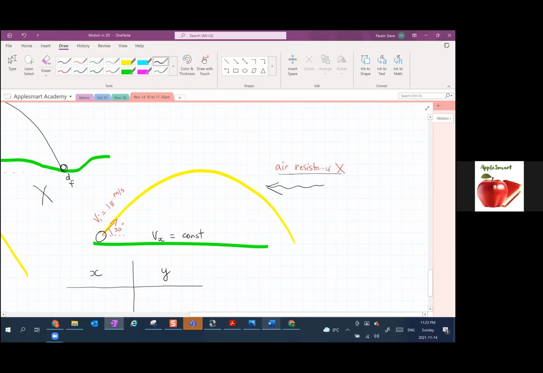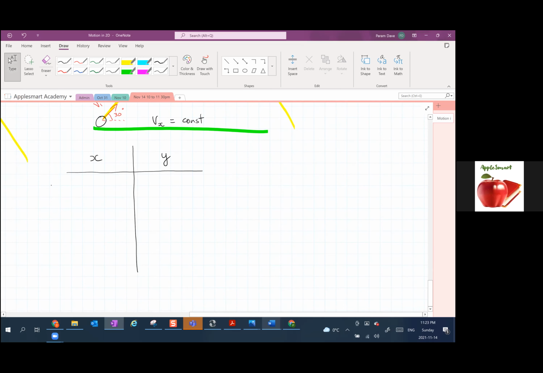But we are neglecting air resistance, which means if you give it a push of, let's say, 15 meters per second horizontally, that 15 meters per second along the x will continue to be 15. It doesn't change. And that's always going to be true. Speed along the x is going to be constant. Why? Because we are saying no air resistance.